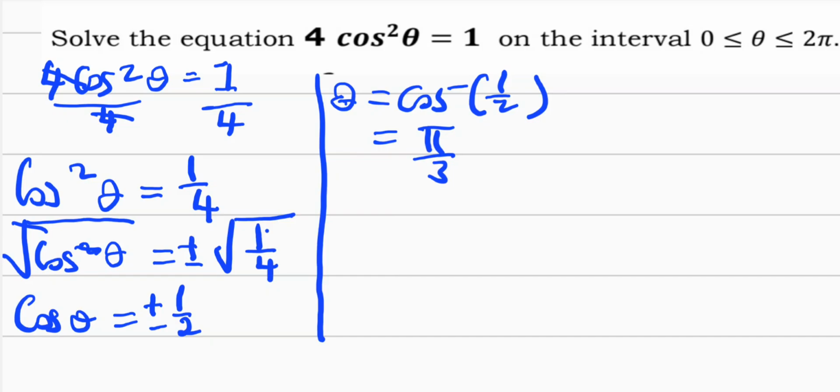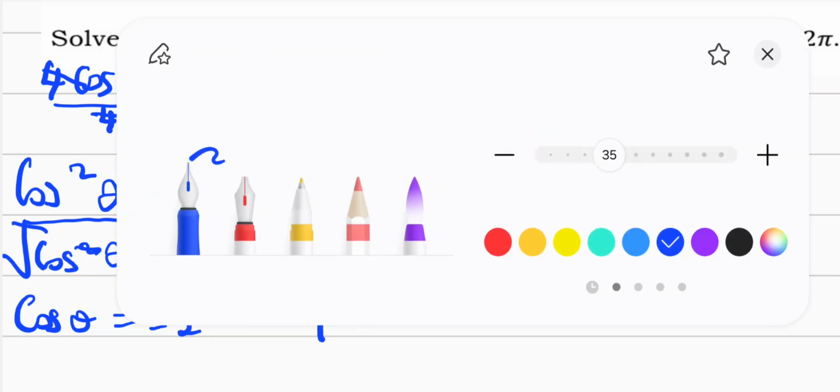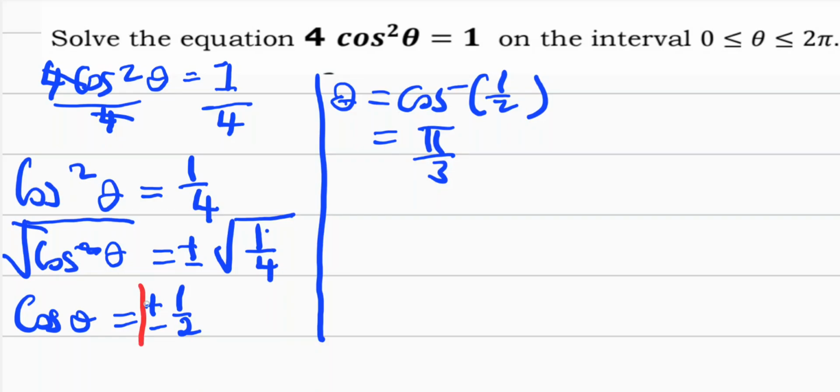So now, if we come back to the problem, if we come back to this one we had before, we had cosine theta is equal to plus or minus half. It tells us that we have 4 possible answers. Why? Because cosine is positive in 2 quadrants and negative in 2 quadrants.